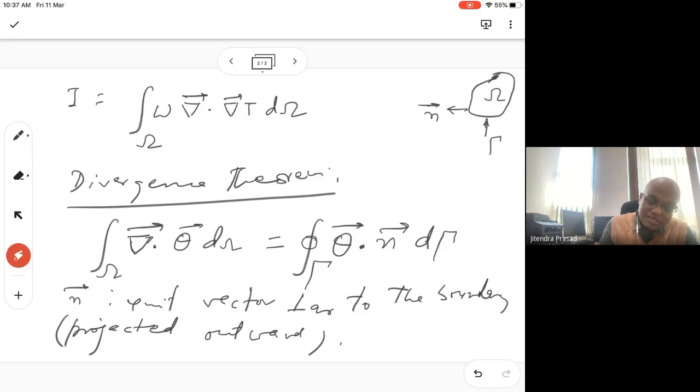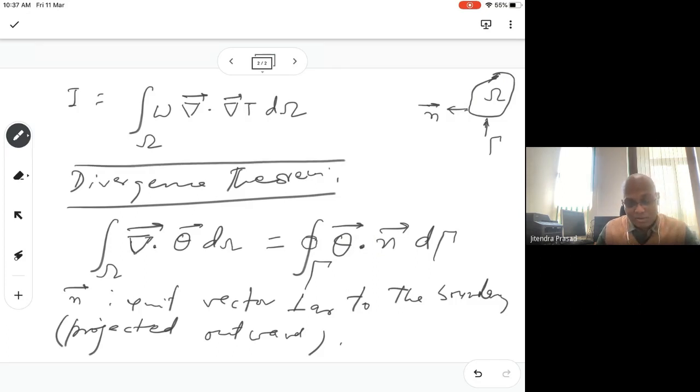So this unit vector is multiplied with the function itself at the boundary. What is the value at the boundary, and then you integrate. So this is the divergence theorem that we have to make use of.